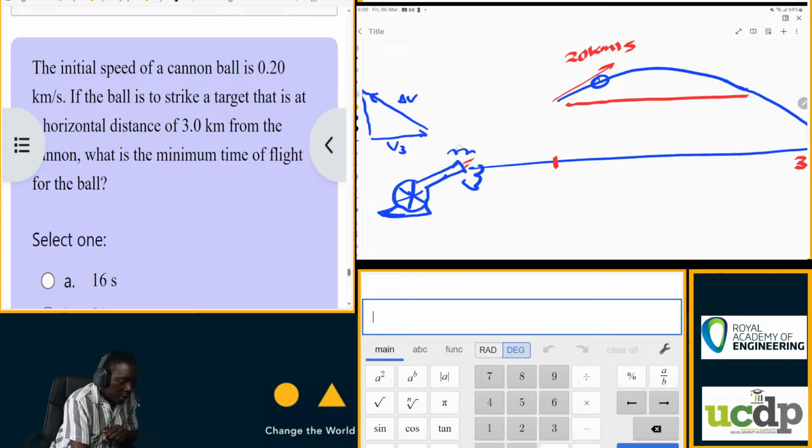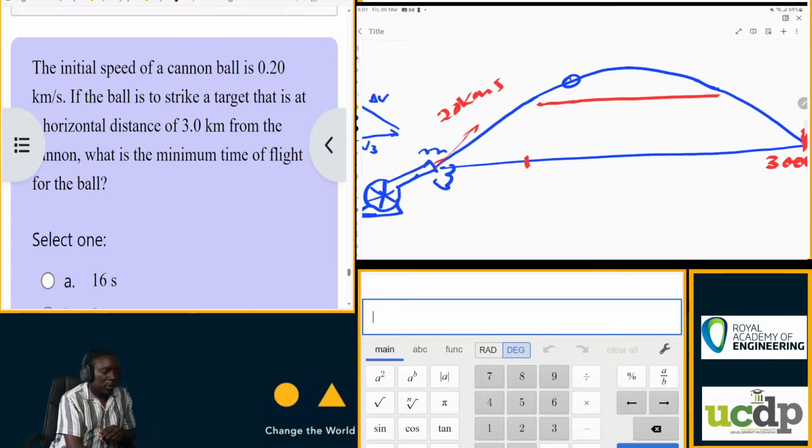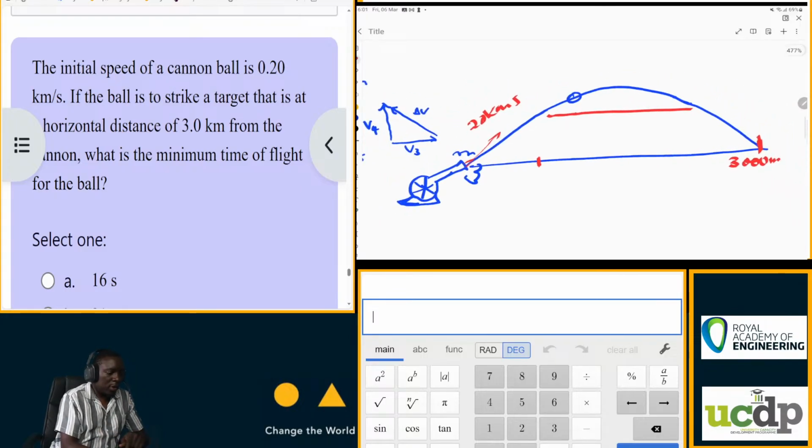Then what we have, the blue will be that line, and the velocity of 20 is the launch velocity, so we take that down there. So we launch here at 20 kilometers per second. Okay, so that's our diagram. Cannon launched like that.